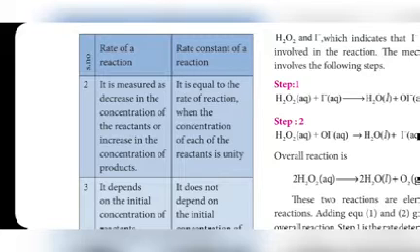Generally reactant concentration is going to decrease, so for reactant we are calculating at which speed the reactant concentration is decreased. Generally product concentration is increased. For product we are calculating at which speed the product concentration is increased.